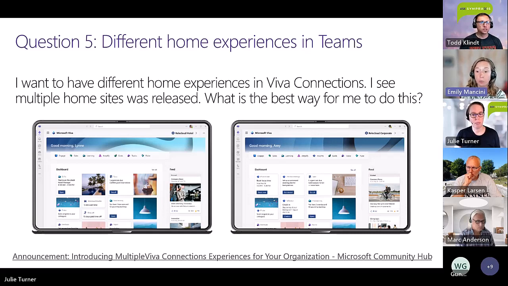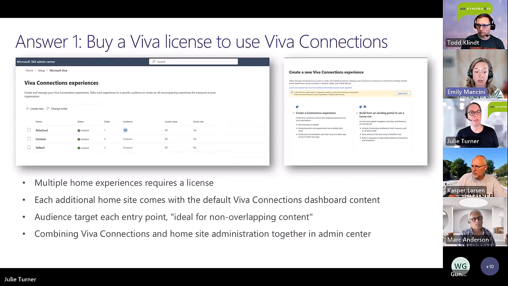For answer 1, your option is you can buy a Viva license to use Viva Connections. Essentially what this announcement shared is that you can have 10 different home experiences that you then audience target for people to have a different entry and beginning point in Microsoft Teams.